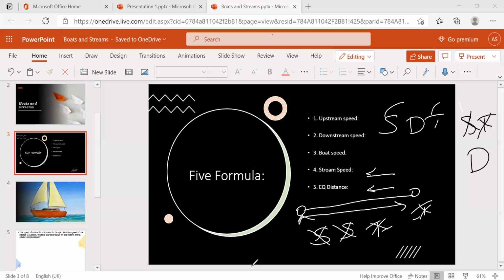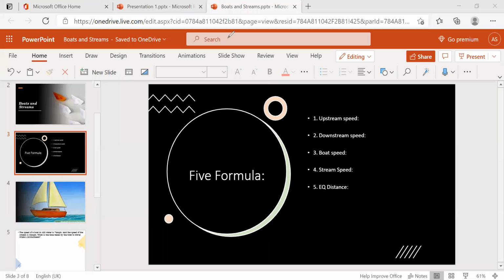Now the next one is distance. In upstream and downstream, in both conditions, the distance will be the same, right? The distance will be the same in both conditions. Now we can equate the distance and get the formula for this. Now what is the distance formula?